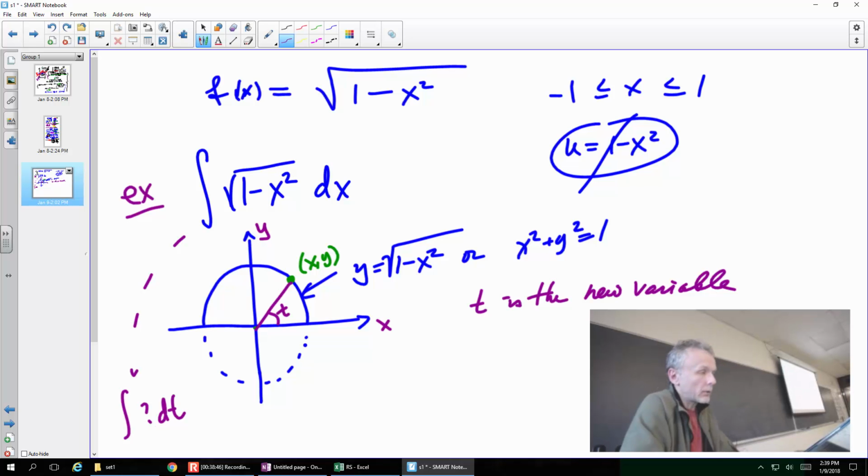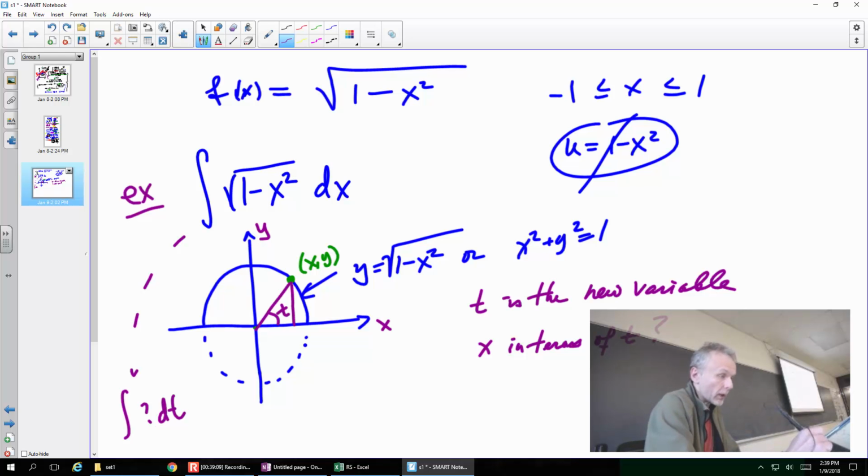It's really not that complicated. What is x in terms of t? Or t in terms of x, doesn't matter.